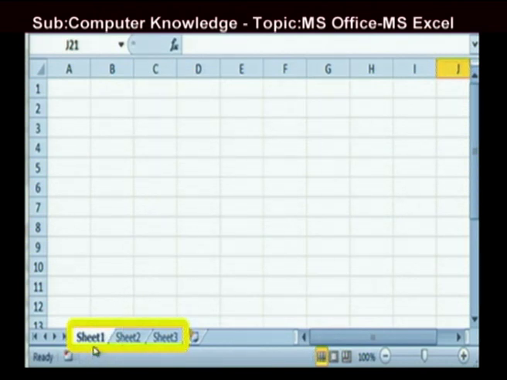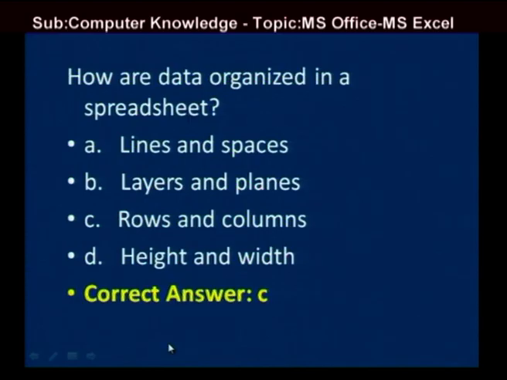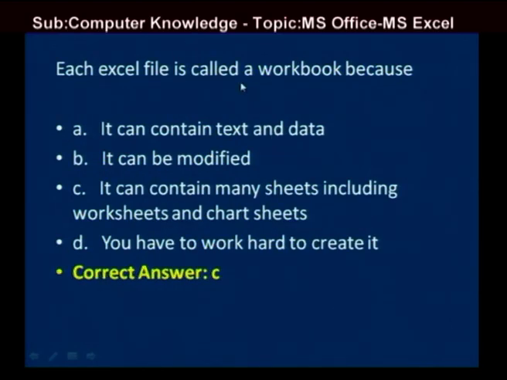An Excel file is called a workbook because it can contain many sheets including worksheets and chart sheets also. So the correct answer is C.